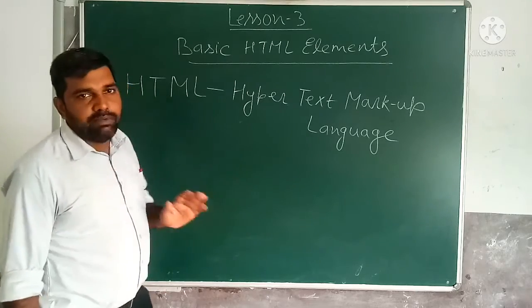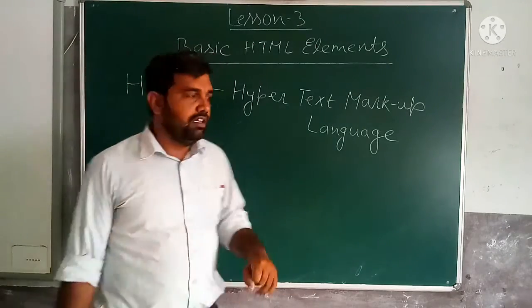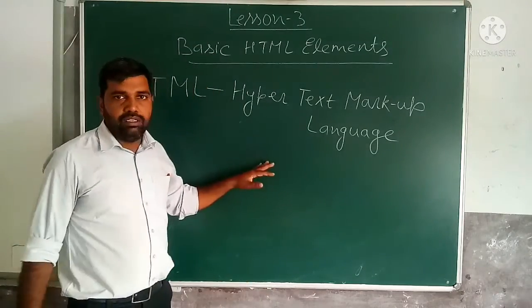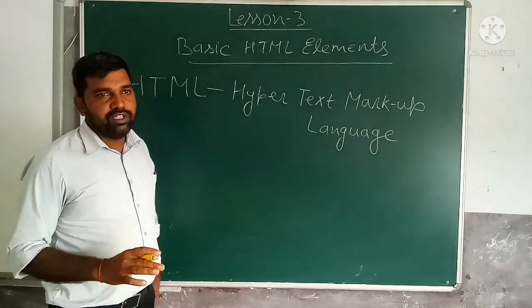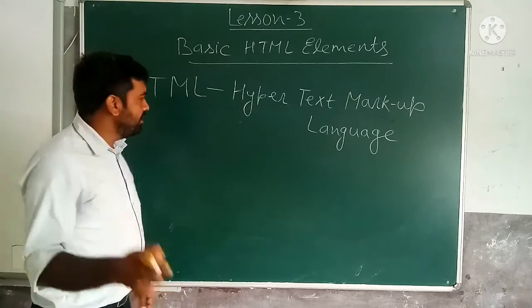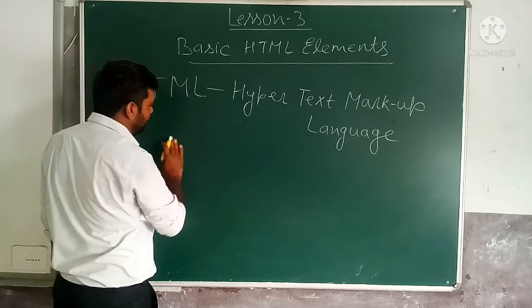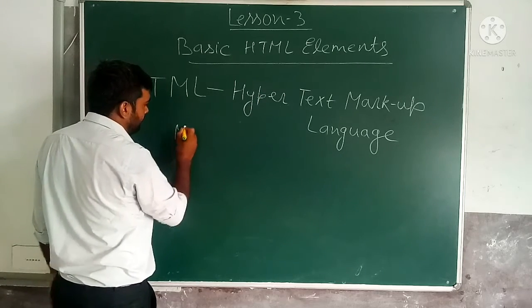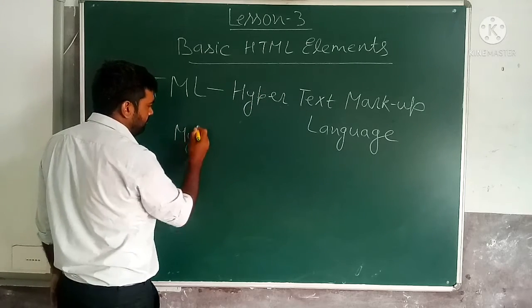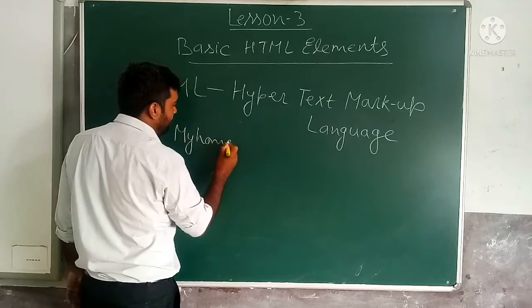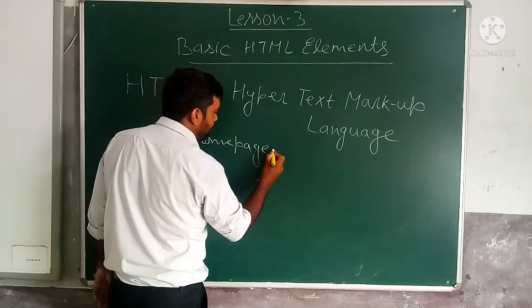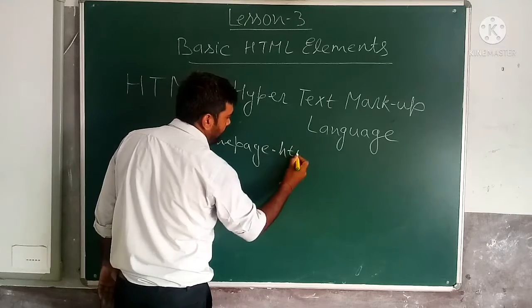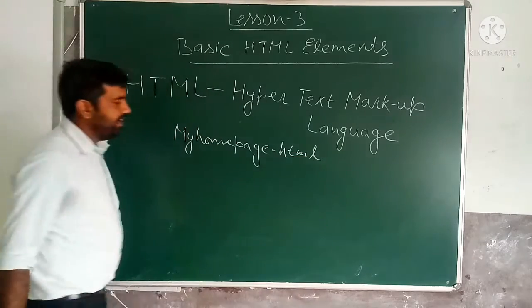After writing the HTML code, we have to save that file in the computer at some location. You give the file name and the extension of that file name. Suppose you have created my home page. The file name you gave is my home page. So you write my home page dot extension HTML and save this file.